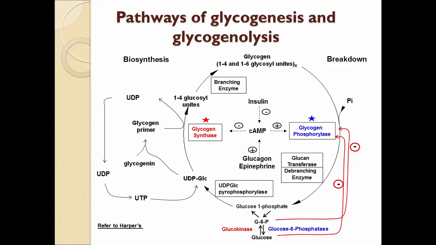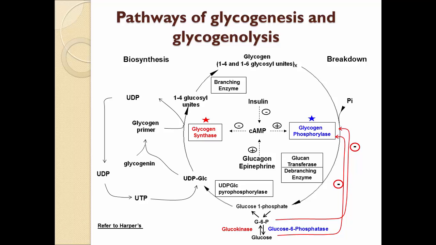So again, it depends on the tissue, liver or muscle, right? Liver has glucose 6-phosphatase, so glycogen can be broken down and eventually release glucose into circulation, and muscle lacks this enzyme, so it is not able to release glucose, but just stops here and goes to the glycolytic pathway, right?